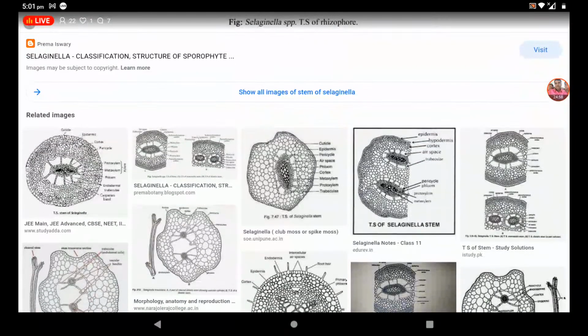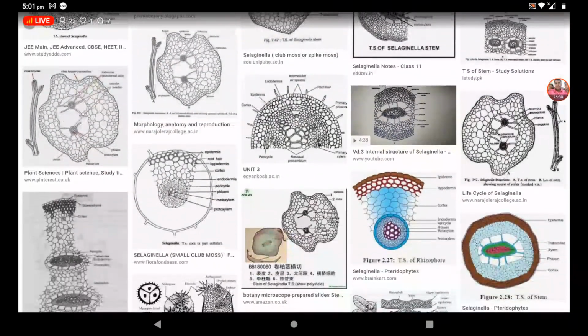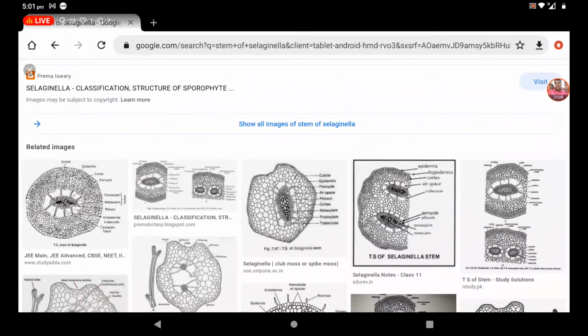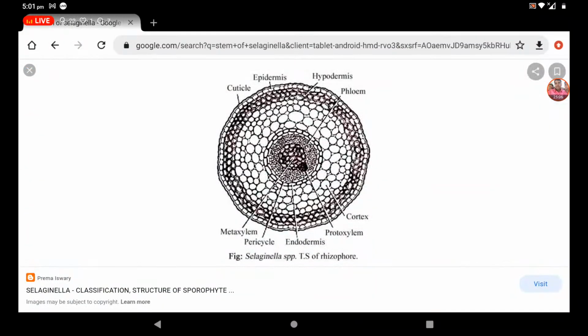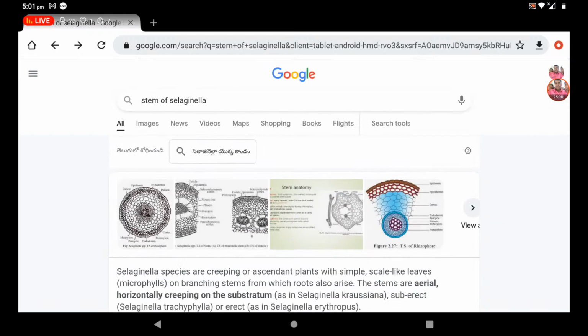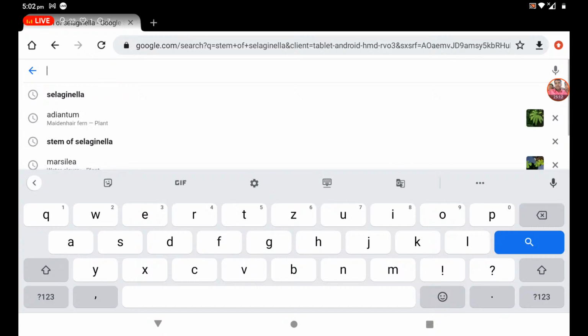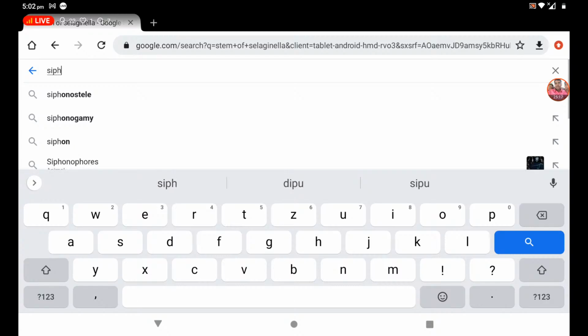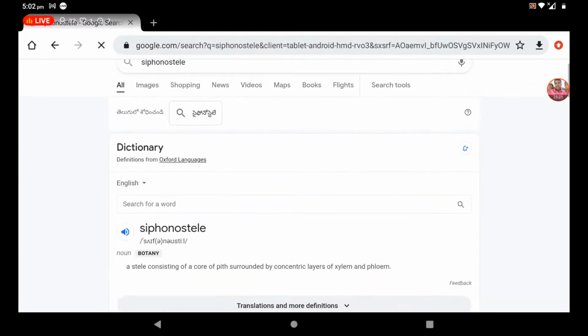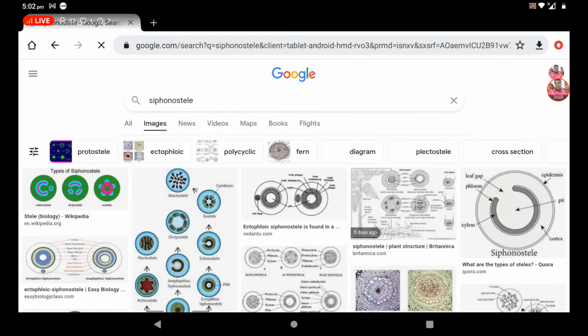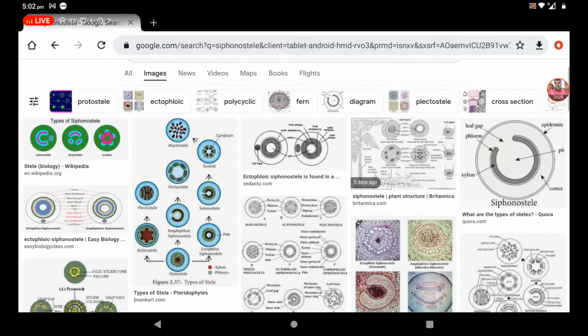Next we can take siphonostele, solenostele, and one more, dictyostele, is also present. Protostele we have already observed.